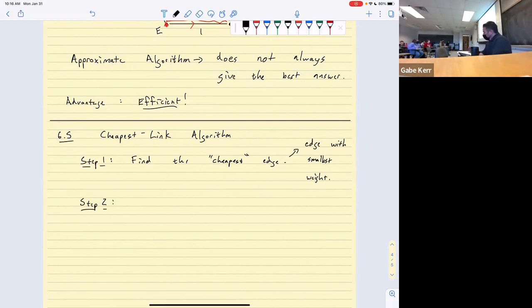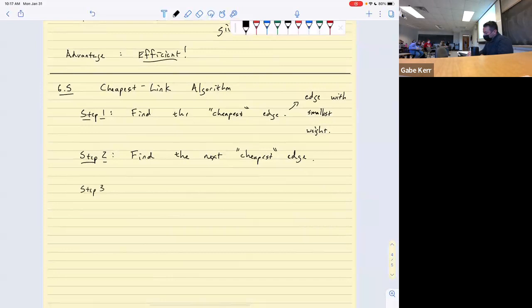Step 2. Find the next cheapest edge. However, just like before, step 3, repeat step 2 without forming a cycle, a circuit, or creating a vertex of degree 3.